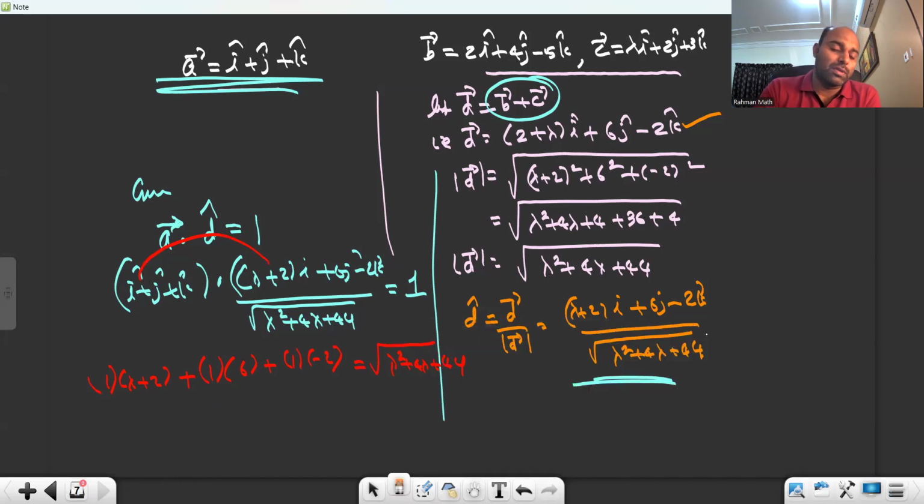Simplify, then square both sides. Lambda plus 2 plus 6 minus 2 equal to root of lambda square plus 4 lambda plus 44.